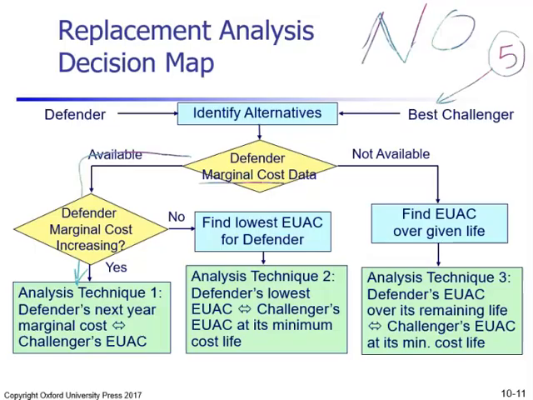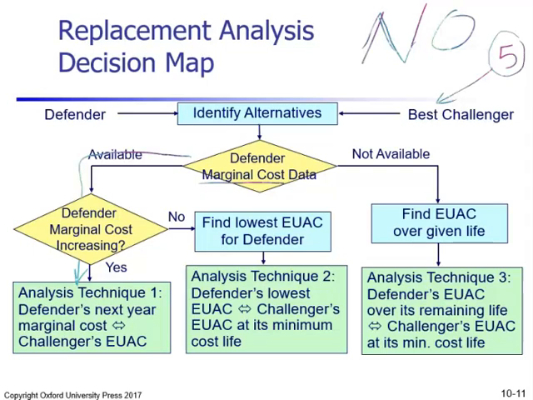So here, what's the main point? It says that you don't need to calculate EUAC for the defender. Just go and check the annual cost for next year, or in fact, easier, the cost of this machine for next year. Why shouldn't we go for the remaining lifetime? Because it is increasing and you have very insightful data, which is marginal cost.